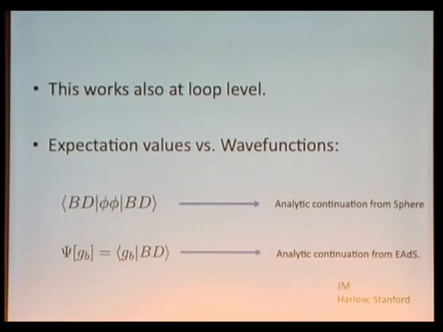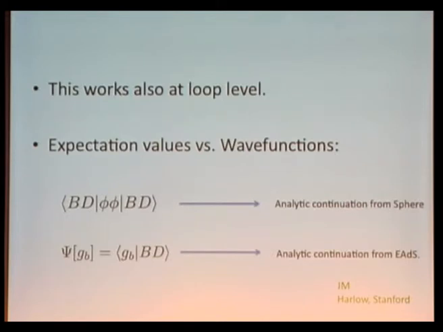Now, these are two different calculations, so depending on what you are computing, you would do different analytic continuations. If you are computing expectation values in the Bunch-Davies vacuum, which are sometimes also called in-in correlators, this type of correlator can be obtained by analytic continuation from the sphere. So we do this calculation, let's say, on the Euclidean sphere, and then to all orders in perturbation theory, we can obtain these correlators in de Sitter space.